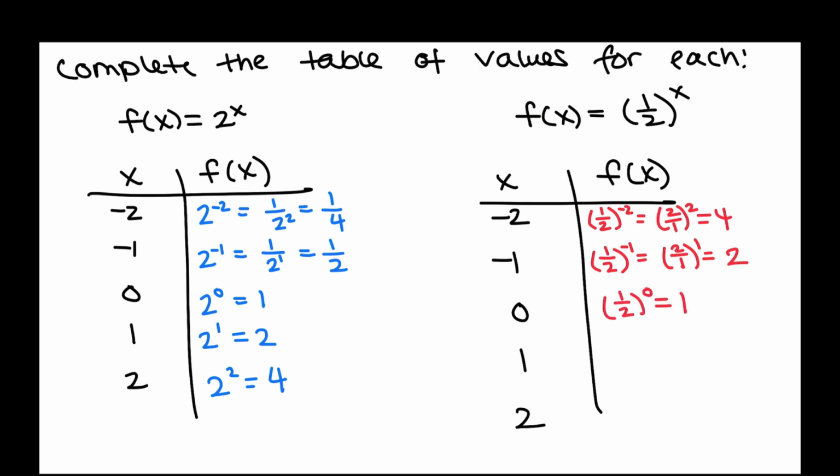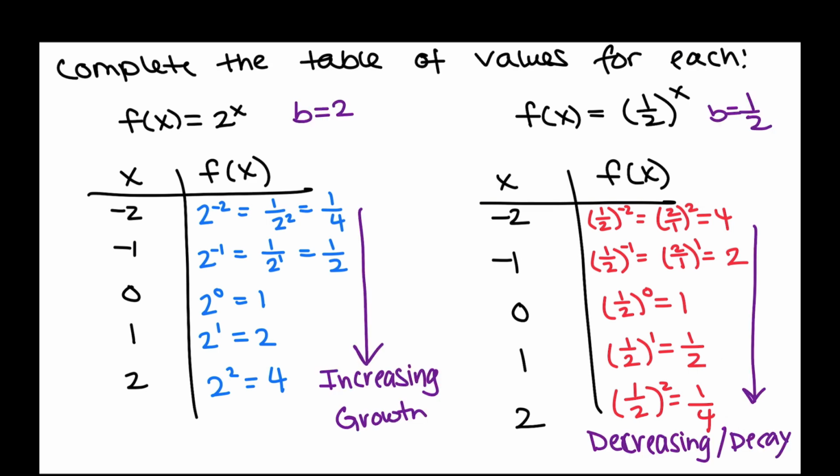Anything to the 0 power is 1. 1/2 to the 1 is 1/2, and 1/2 squared is 1/4. In this case, our base is 1/2, and the y values are being cut in half. So the table of values on the left are increasing, exponential growth. The y values on the right are decreasing, exponential decay.